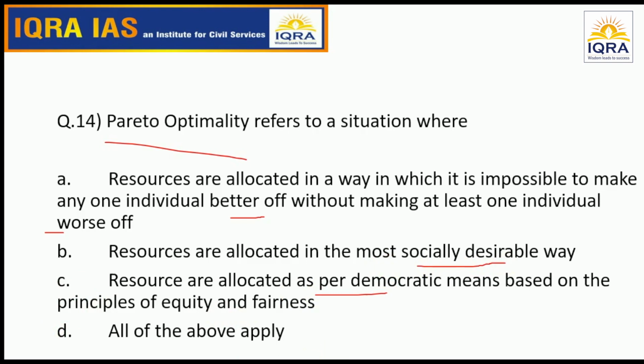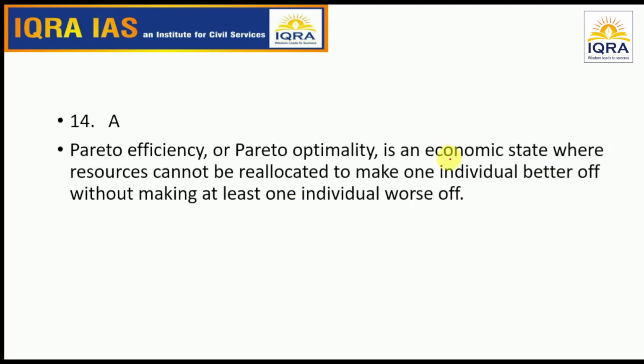D, all of the above apply. So here the correct answer is A, because this is what Pareto optimality refers to: resources are allocated in such a way that they cannot be reallocated to make one individual better off without making at least one individual worse off. This is an efficiency, also known as Pareto efficiency.